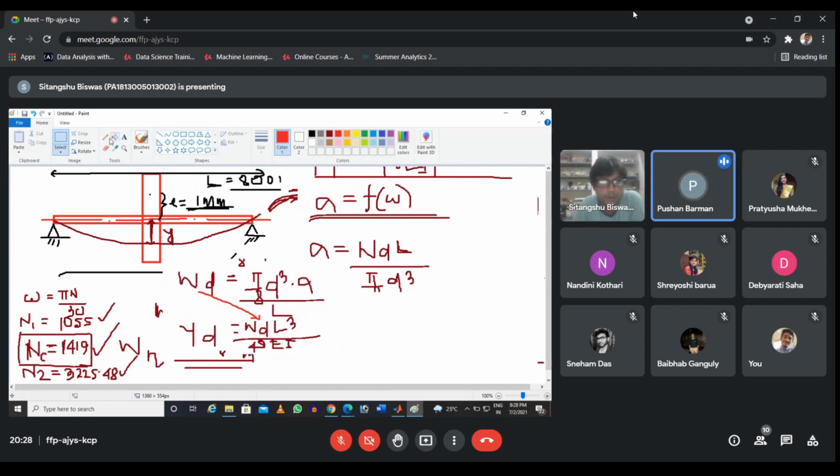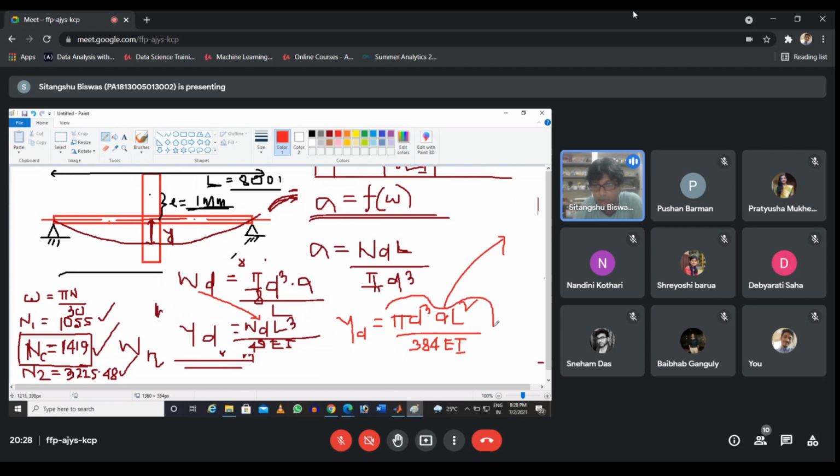Pi d cube sigma L square. One minute. Yes, sir, y D is equal to pi d cube sigma L square by 384 E I. So now here only sigma you keep as sigma.